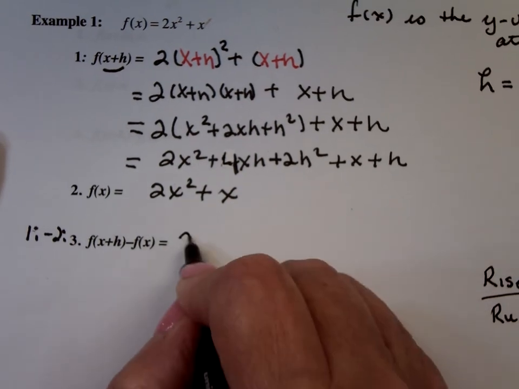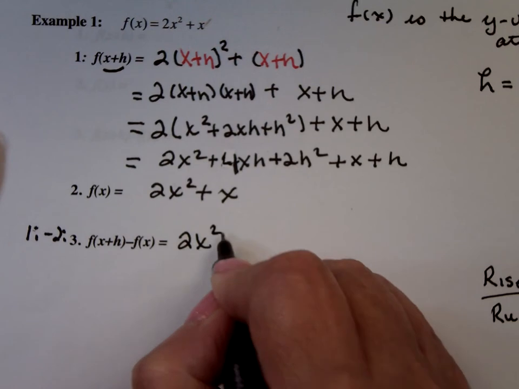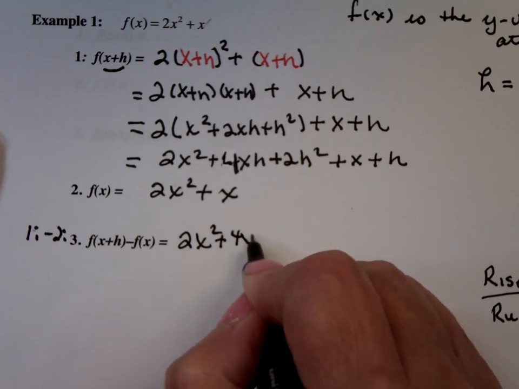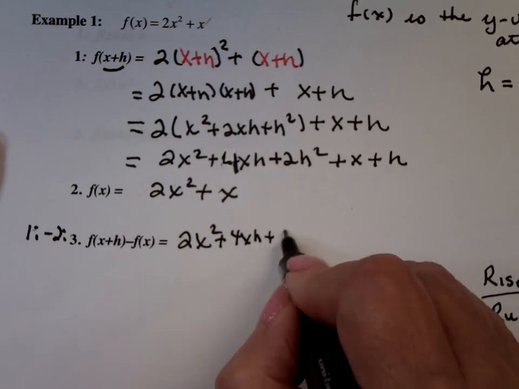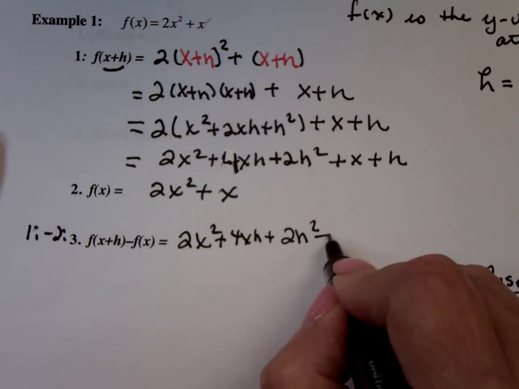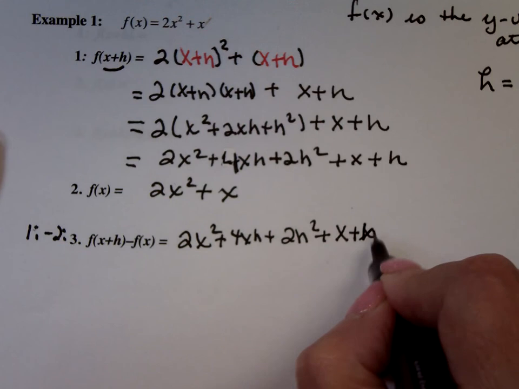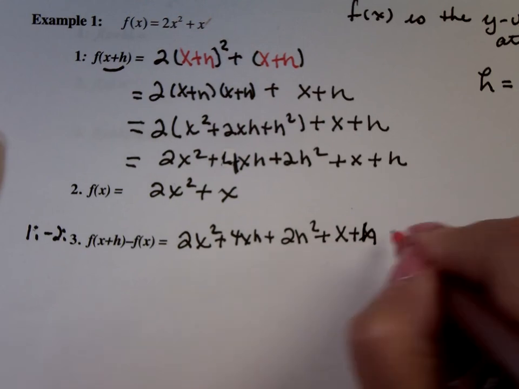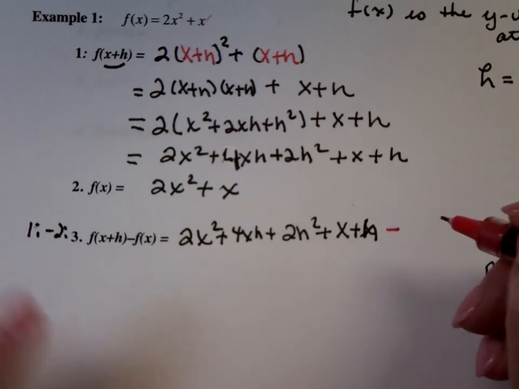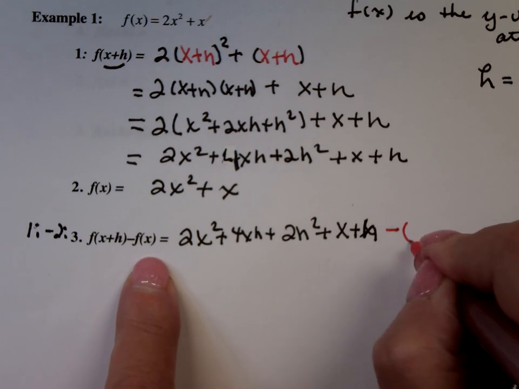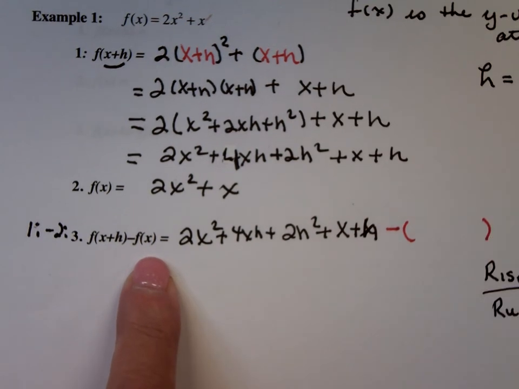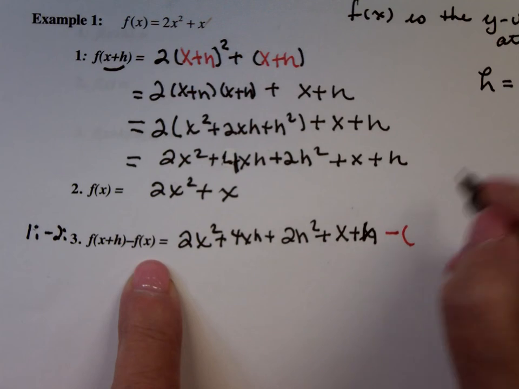So when I write this down, this is 2x squared plus 4xh plus 2h squared plus x plus h. Then I'm going to subtract f of x, which is more than one term, so that needs to be in parentheses.